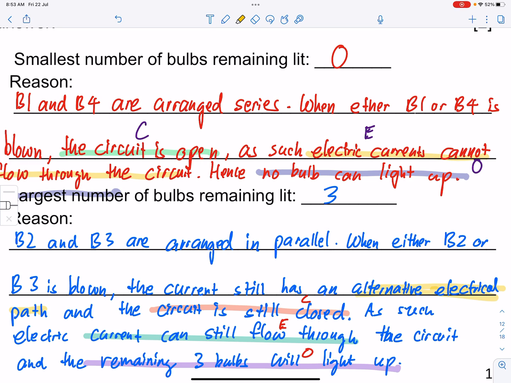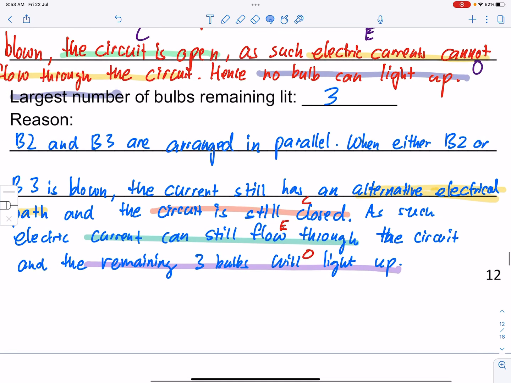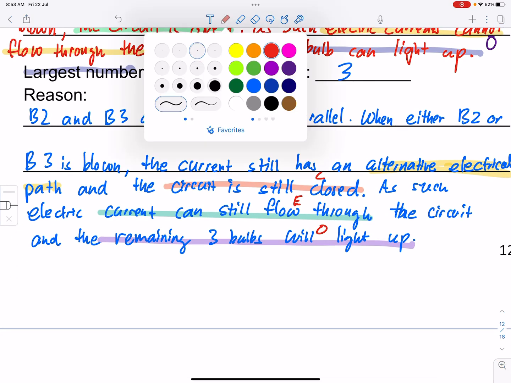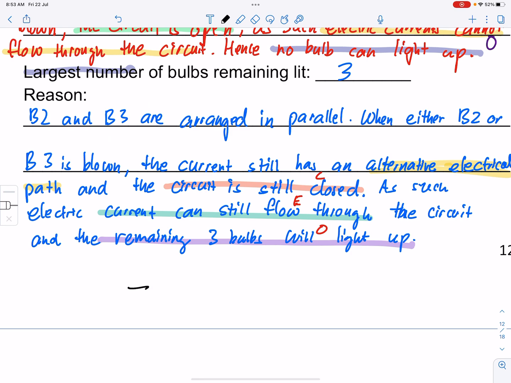So if in a question, I just want to elaborate a little bit more, they give you something like this. This is obviously just to exemplify to you. Please do not follow this drawing.